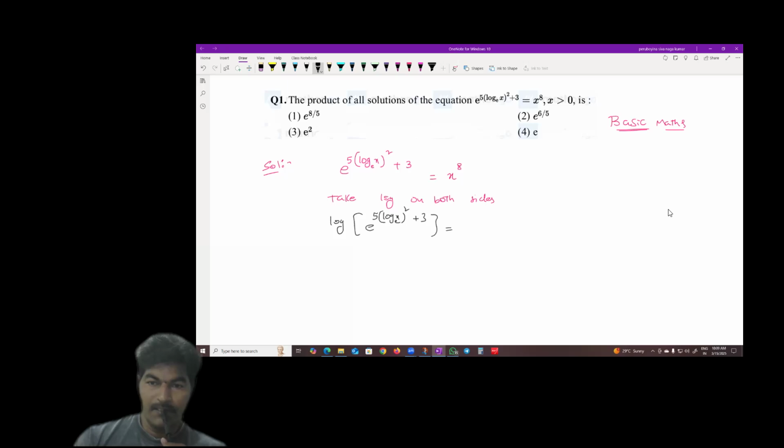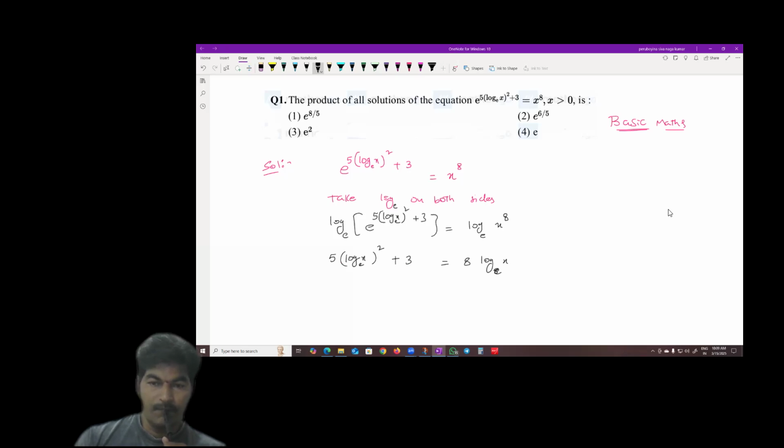So log is applied on either side. According to the logarithmic property, the power comes down, and this applied log has base e. Therefore 5 (log x base e) whole square plus 3 equal to, you can write, 8 log x base e.